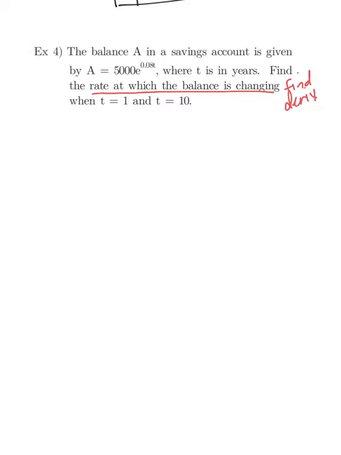So we need to find the derivative of the function A equals 5,000 e to the 0.08t. To do this derivative, notice that we have an e in there. We also have a coefficient of 5,000, so we're just going to keep the coefficient like always.